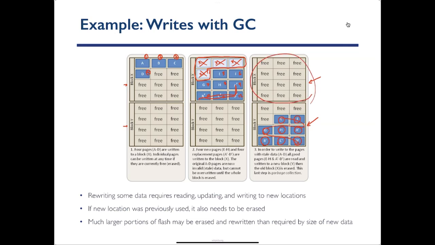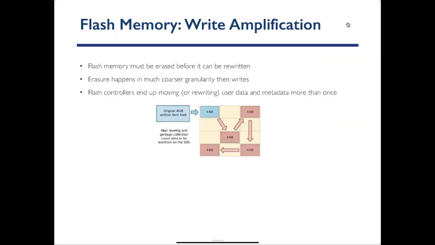So a single write could cause a sequence of writes due to this garbage collection and due to the constraints that the flash has. So this is basically called write amplification. When you write a single page, you may end up writing it in so many different places due to the garbage collection that we just described.